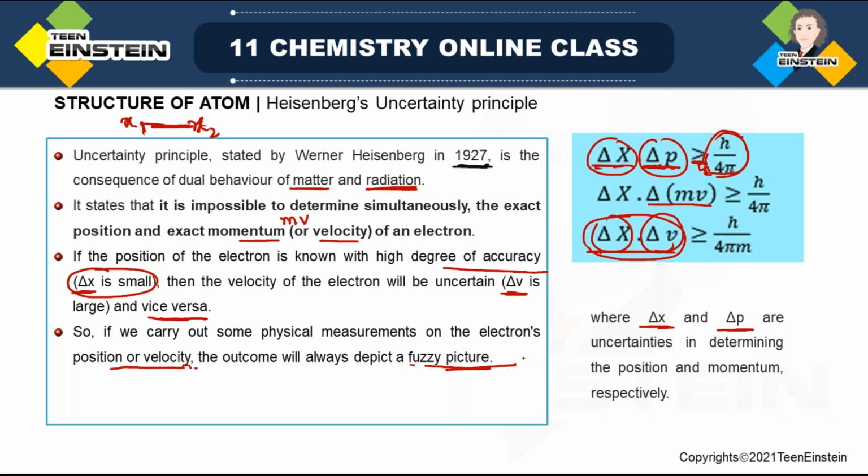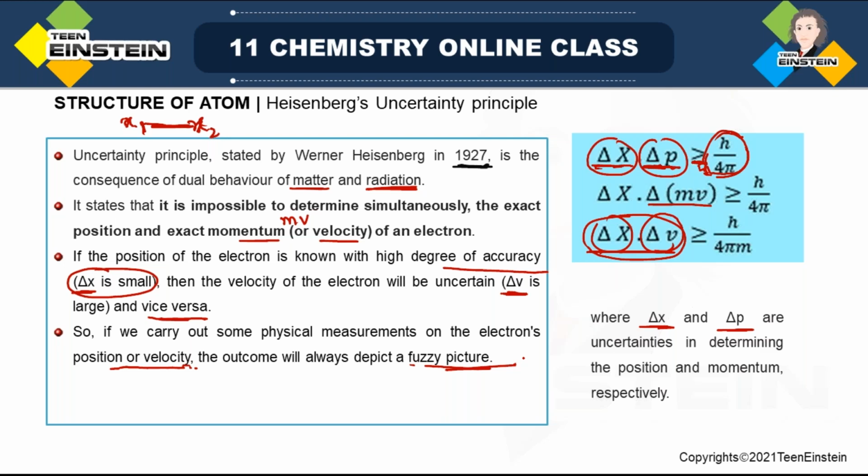And that is why the principle is known as the uncertainty principle. It is always uncertain. If del v is known correctly, x is uncertain. And when x is uncertain, that means del x is very high. The range is very high, and the electron can remain at any position in this range.